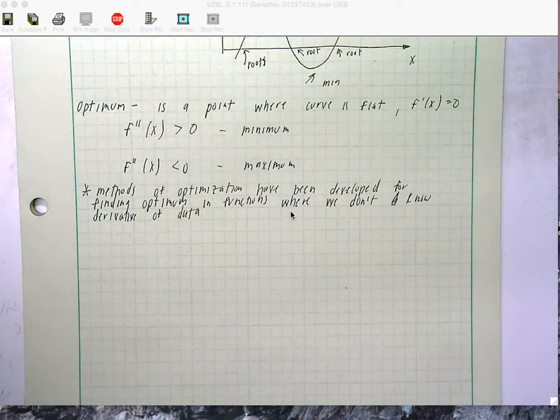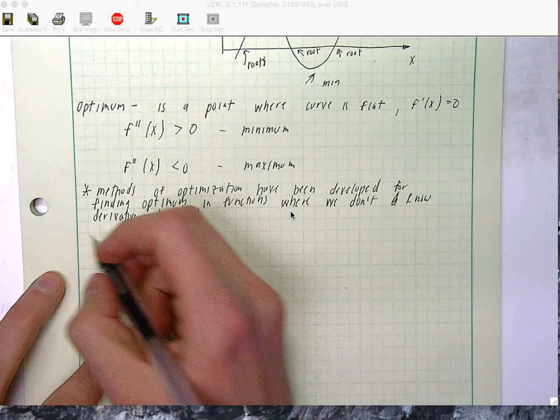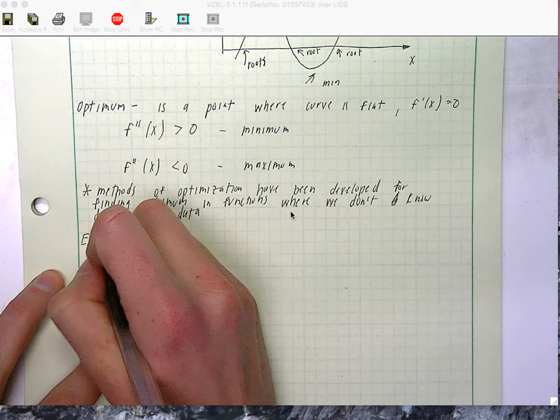So optimization problems in engineering are often much more complicated than just finding a single min or a single max or a single optimum. So some examples.